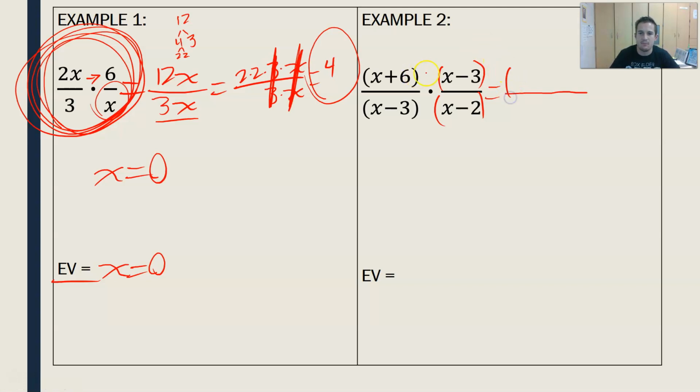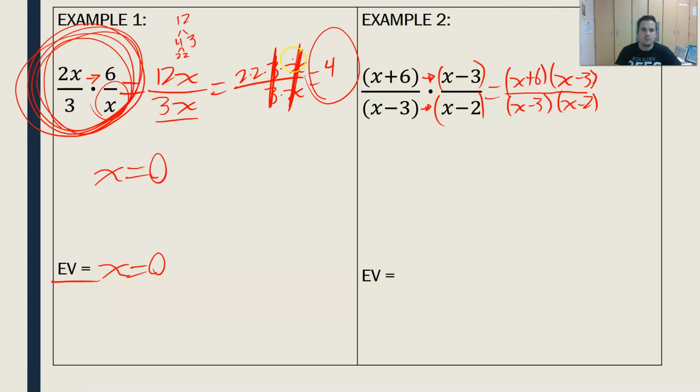So in the top, when I multiply straight across, I'm going to get x plus 6 in parentheses times x minus 3 in parentheses. In the bottom, I'm going to get x minus 3 in parentheses times x minus 2 in parentheses.